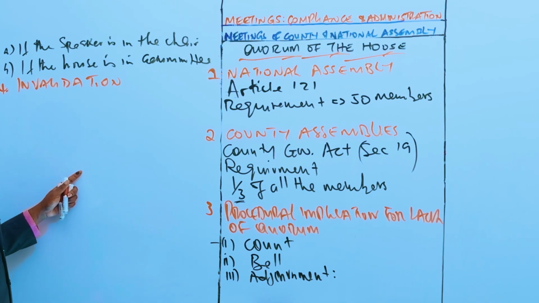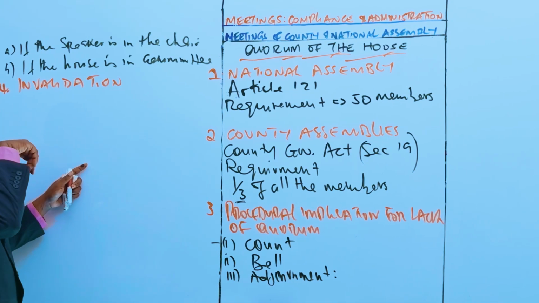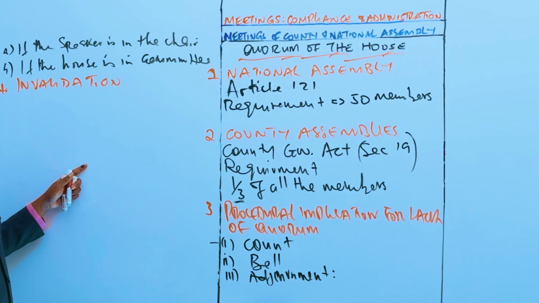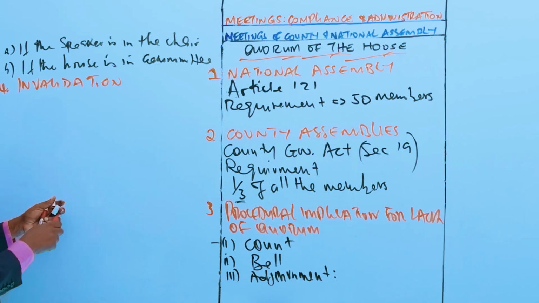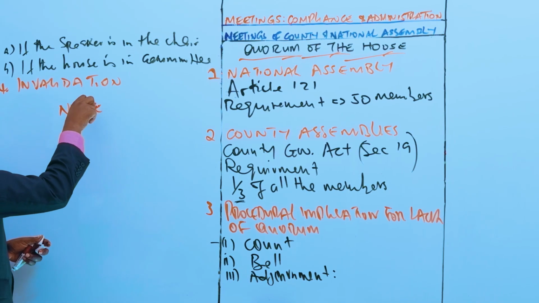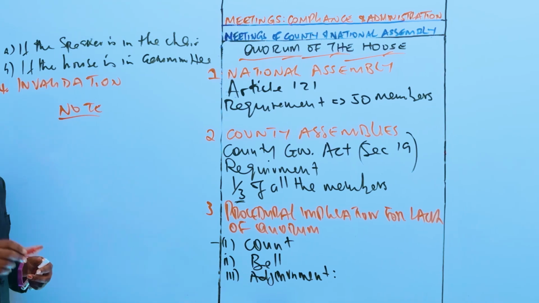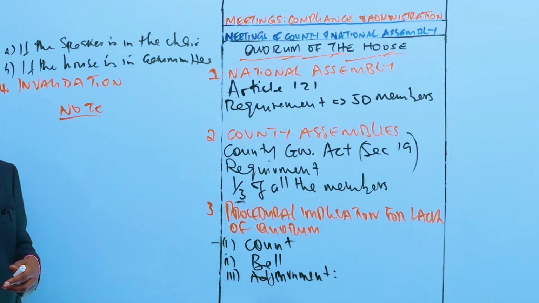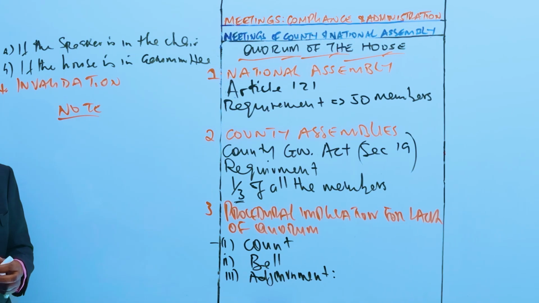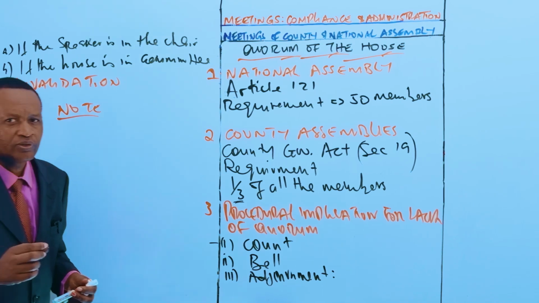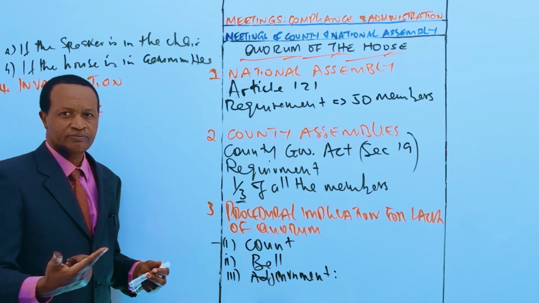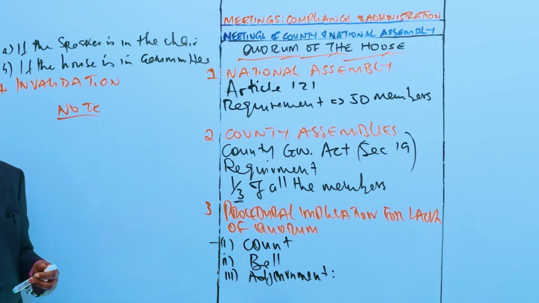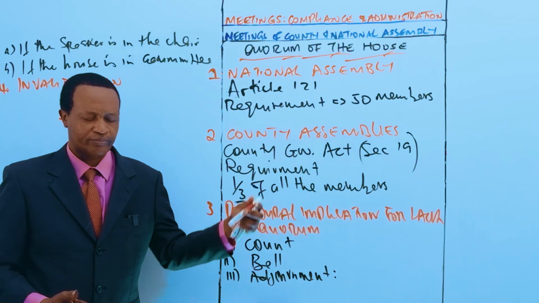So any business that takes place when the quorum is not met is rendered invalid. But it's important to note, candidates, that while the presence of a quorum is required for business to be validly transacted, the House often proceeds with routine business without a formal count unless a member explicitly calls attention to the absence of a quorum.